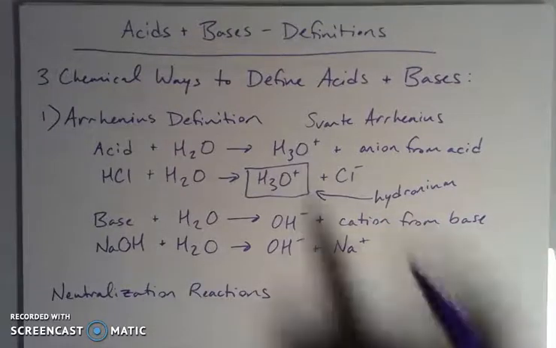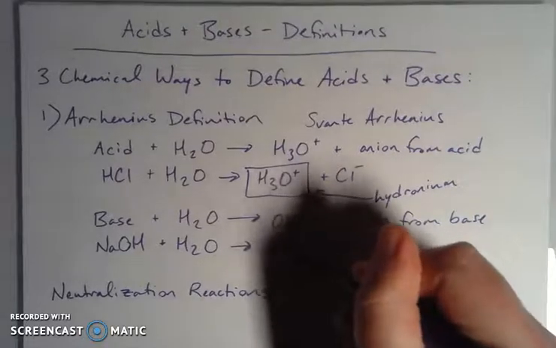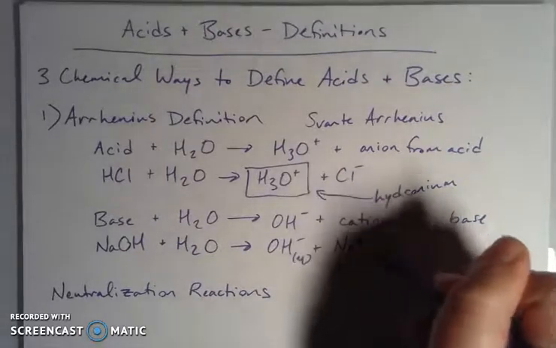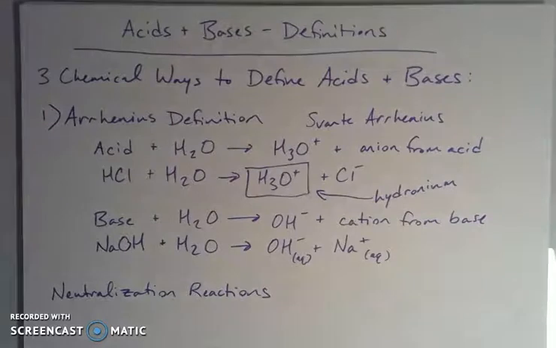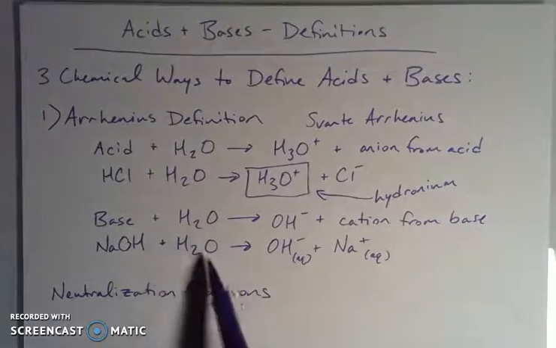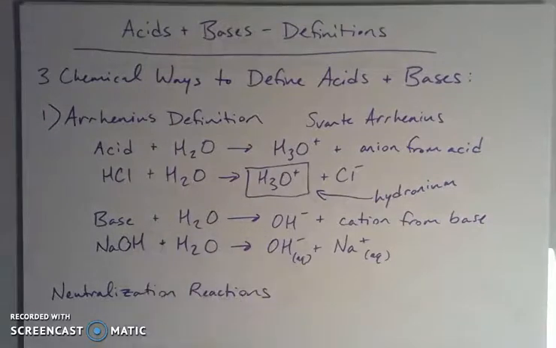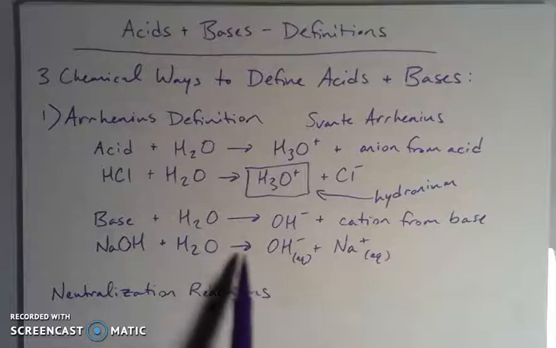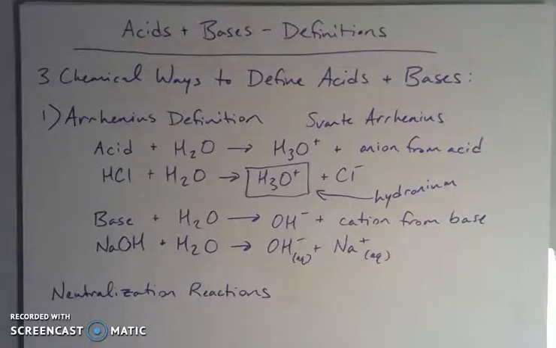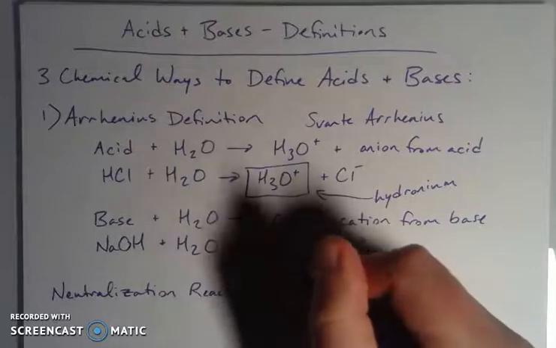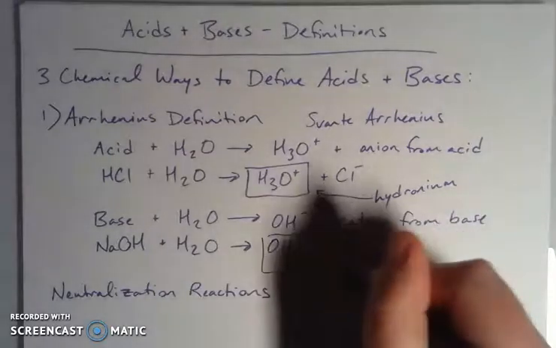I could put water on both sides. I could put these as aqueous and just say, well, water is the reaction condition. Sometimes you'll see water over the central arrow, which shows that water's hanging out, that water is allowing this thing to dissociate into its component pieces, but the important bit is the hydroxide.